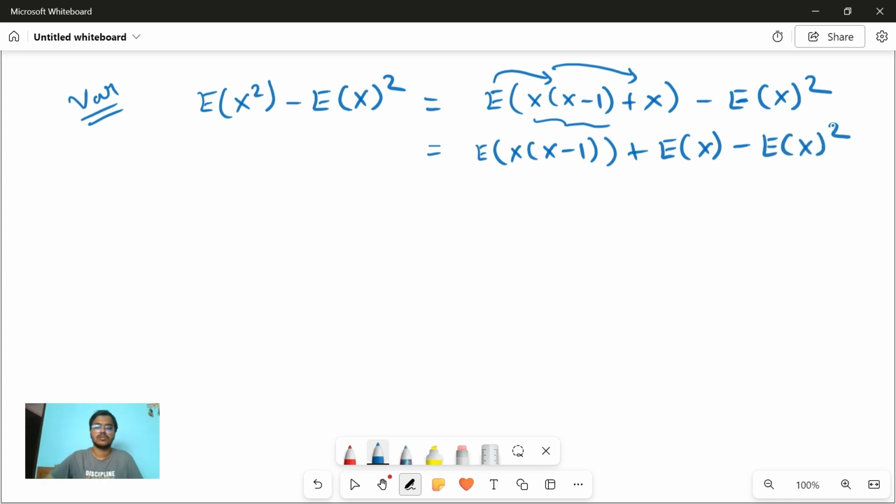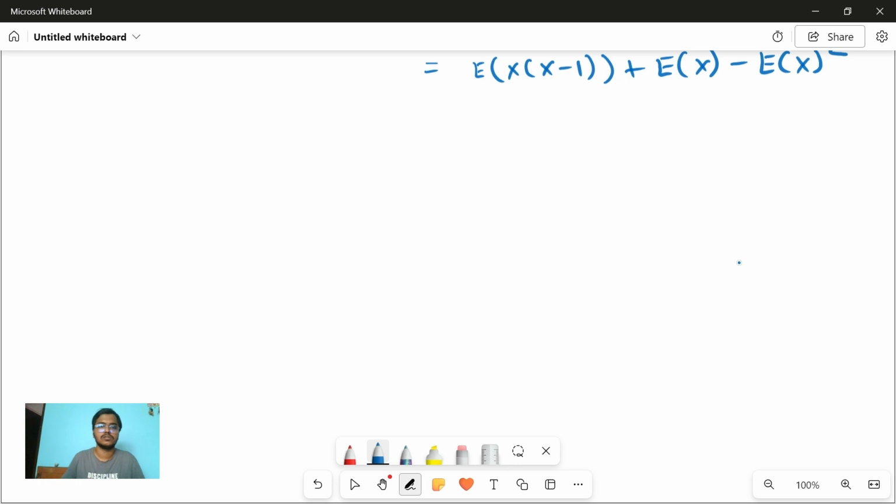Understood? So now we will start the calculation. I will just calculate the E of X into X minus 1 part alone, because E of X is the mean, and E of X whole square is the mean square, right?